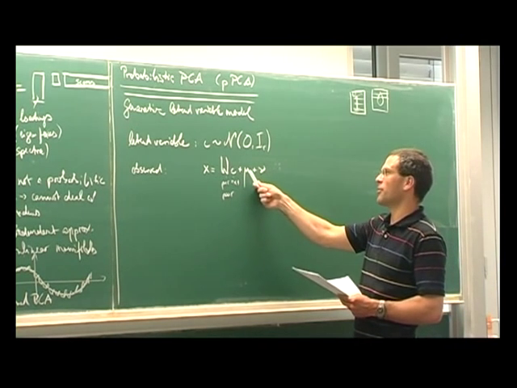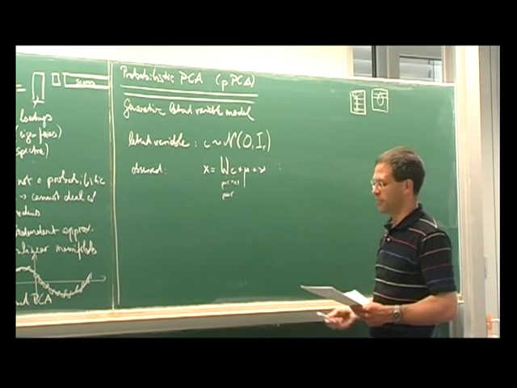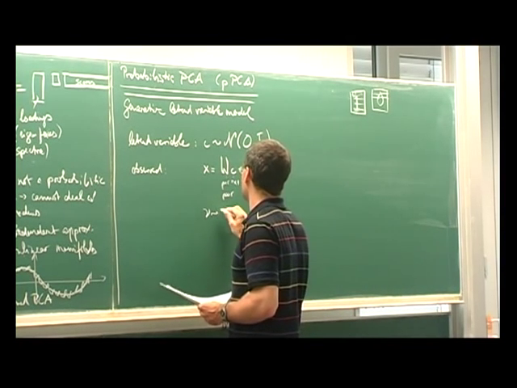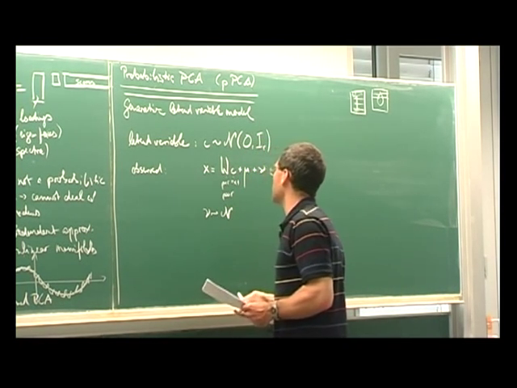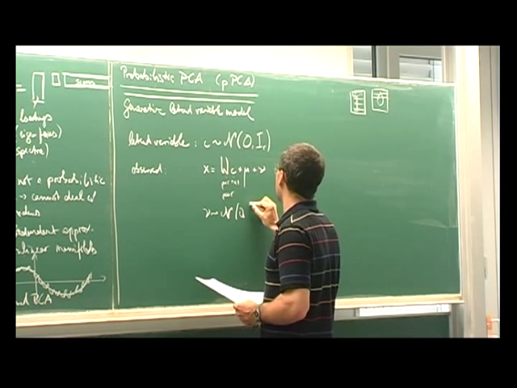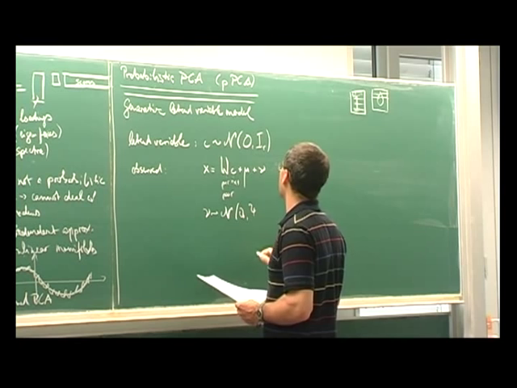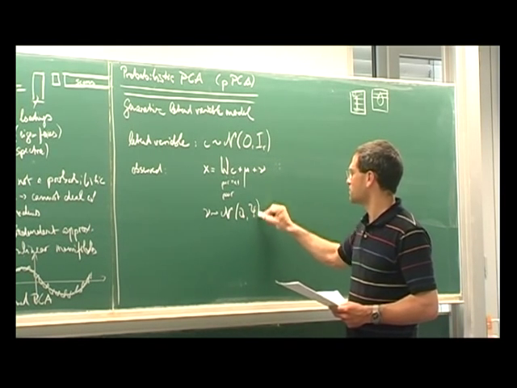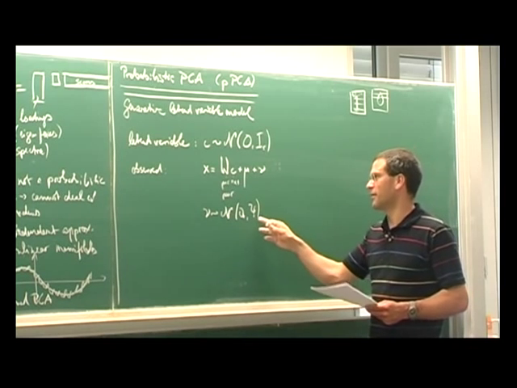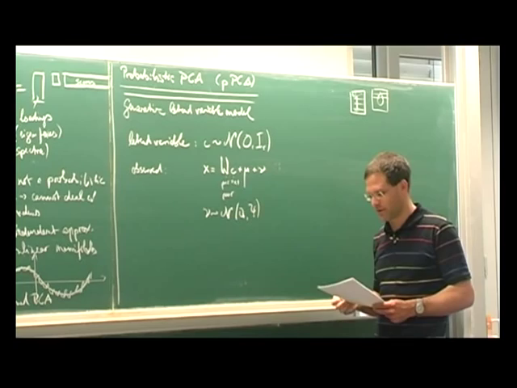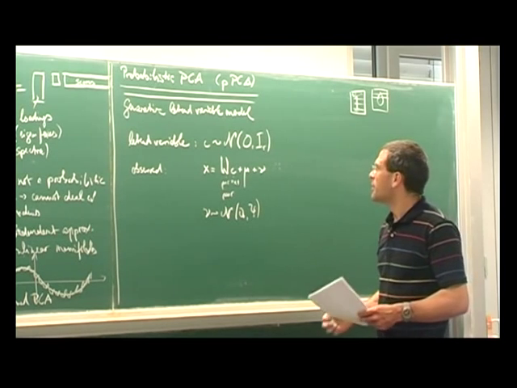We add some shift to it, and we add a little bit of noise. And the noise is also supposed to be normally distributed with a covariance matrix psi. In most cases, a very simple model will be used for this particular psi.